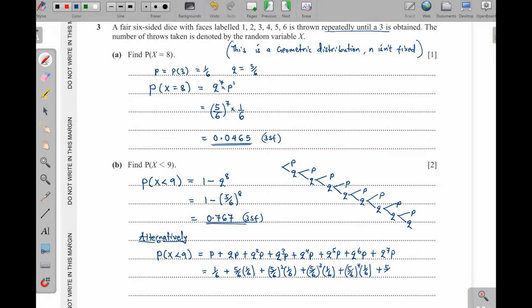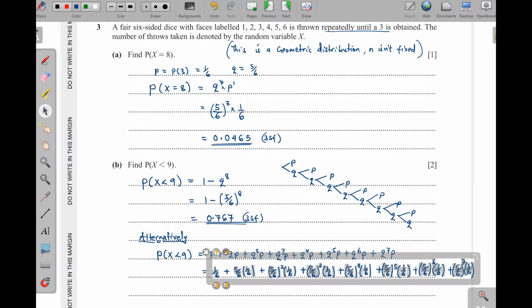Then 5 over 6 power 5 times 1 over 6. Then 5 over 6 power 6 times 1 over 6. Then lastly 5 over 6 power 7 times 1 over 6. Okay, then we put all of these ones in the calculator and then we get the answer.